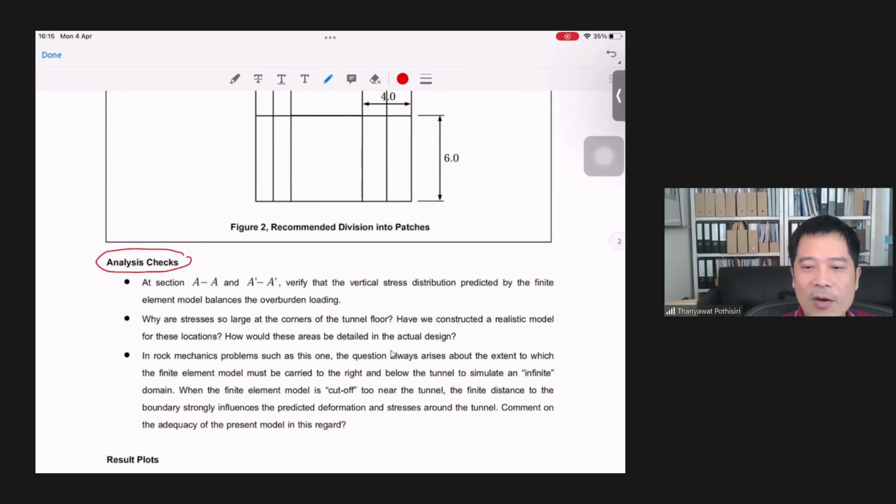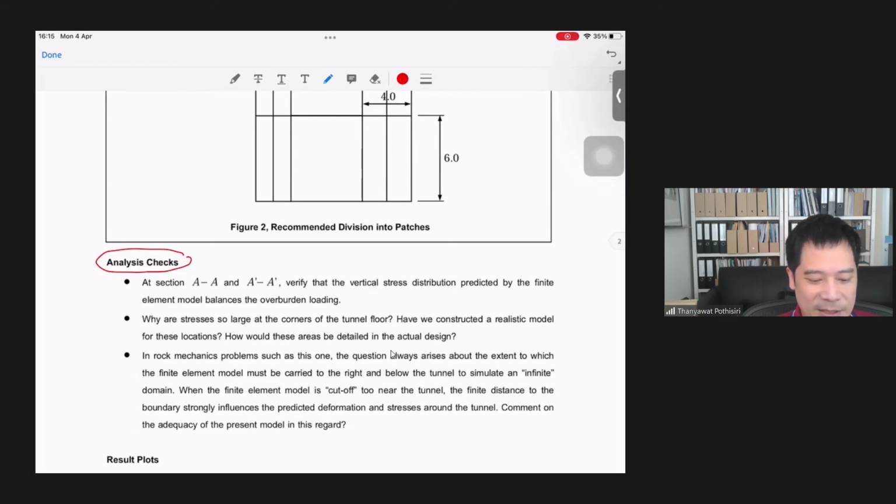But obviously, along the way, you should probably use different meshes, right? And check what's going on by using different element sizes in your mesh, to see if you are converging to something.